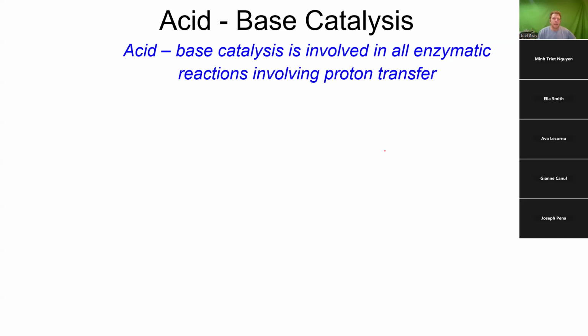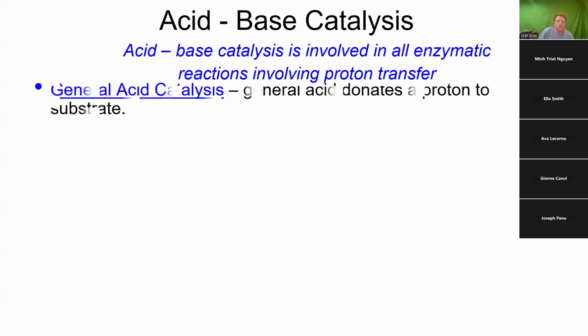So it might be classified as covalent catalysis, but there is an aspect of it that is acid-base catalysis. So what we are looking for is a proton being transferred, yes or no? As simple as that. If the answer is yes, well then acid-base catalysis is involved there.